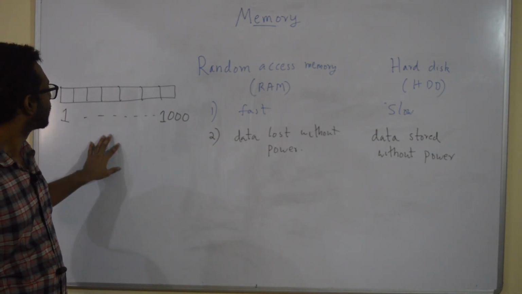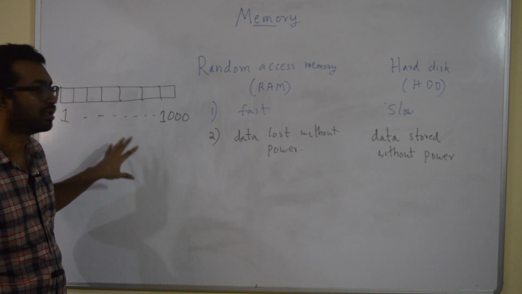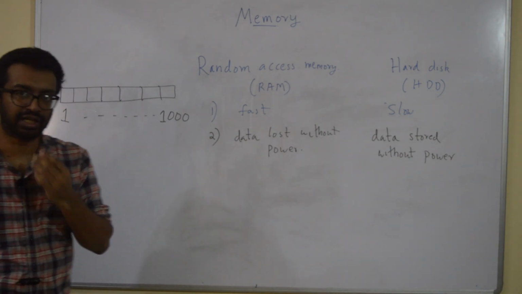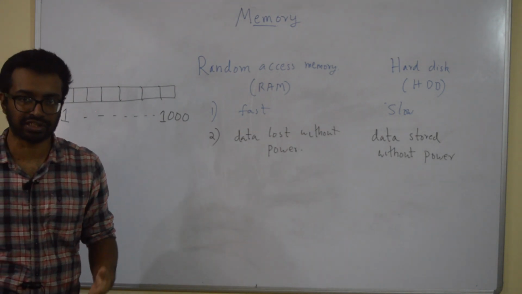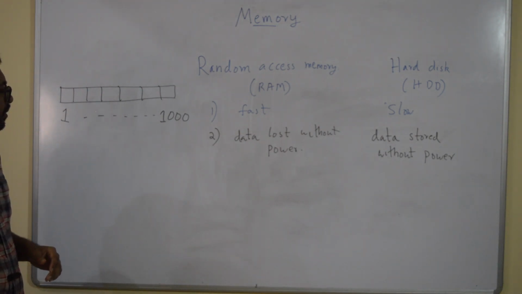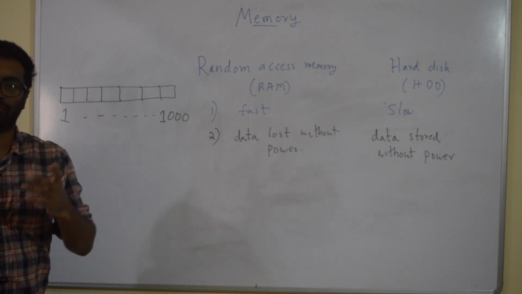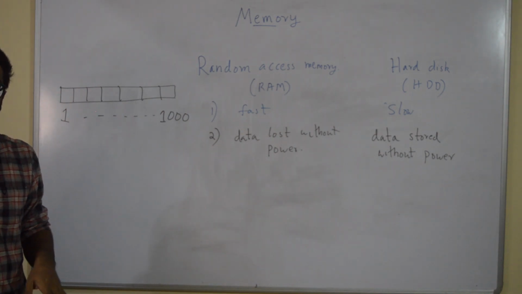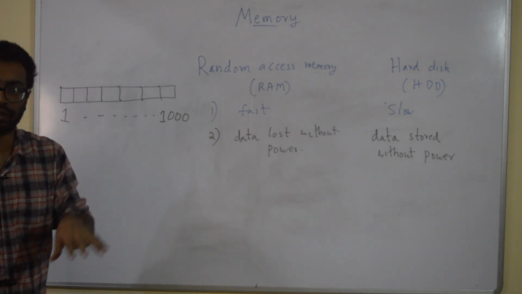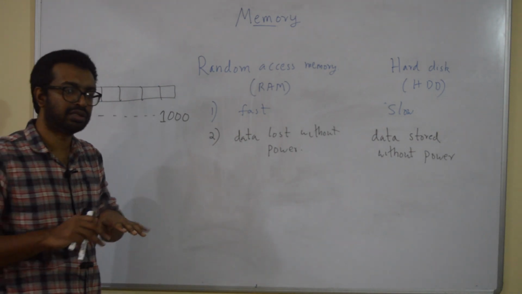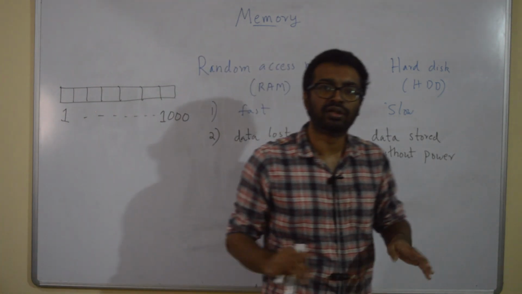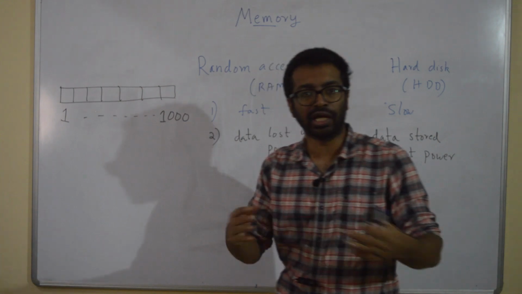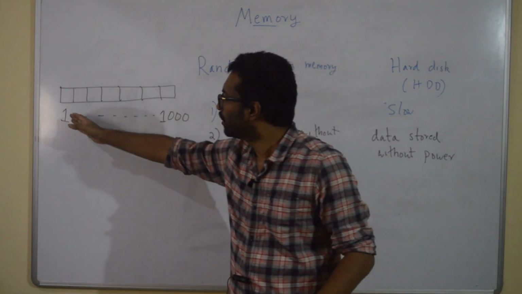So every location in the RAM has an address, and the important thing about RAM is that no matter which address you are going to access, it's going to retrieve it fast, and there's no difference in time depending on where you access.